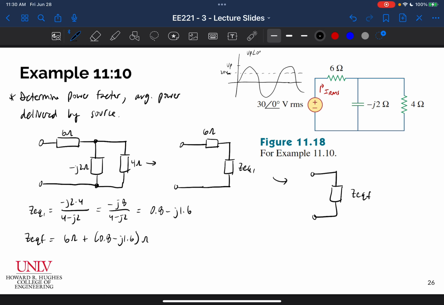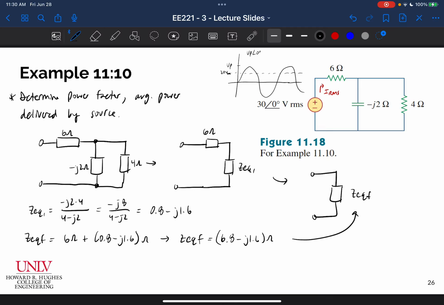I add 6 to my 0.8, and I end up with ZEQ final equal to 6.8 minus J1.6 ohms, and that's going to go right here.